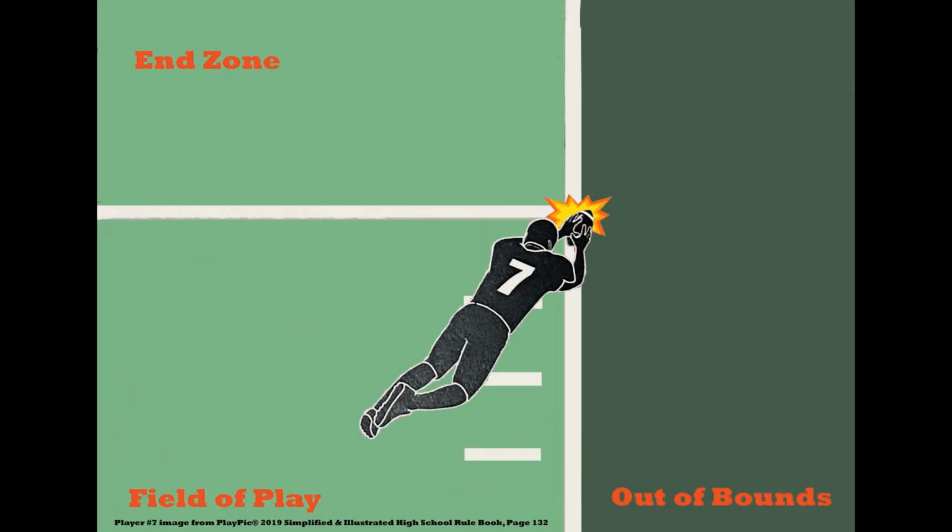Now, by philosophy in NFHS or high school rules, we will consider that a touchdown. It's just too close to be able to determine whether or not he broke the plane or hit the pylon first. So quick recap, if a runner is diving or contacting the field of play, and the first thing that strikes that pylon is the ball or the hand that's holding the ball, it is a touchdown.